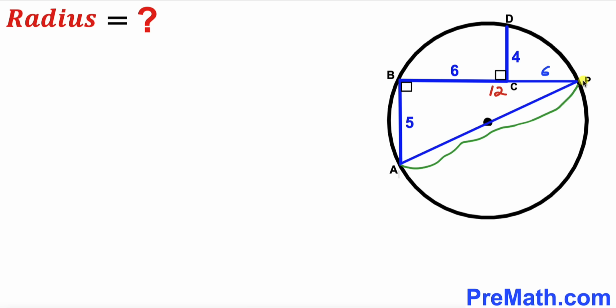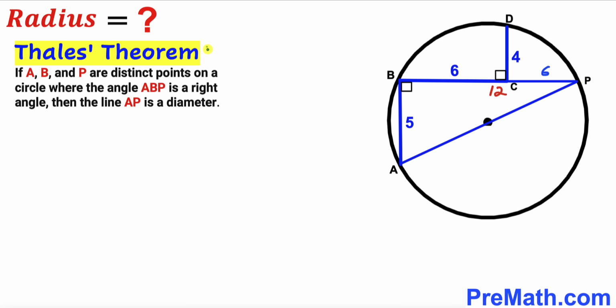And now let's recall the well-known Thales Theorem. If we got these points A, B, and P on the very same circle, where the angle ABP is a right angle, in other words, it's a 90 degrees angle, then we conclude that the line AP is a diameter.